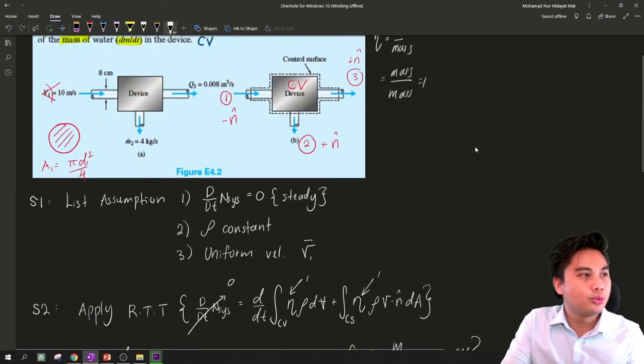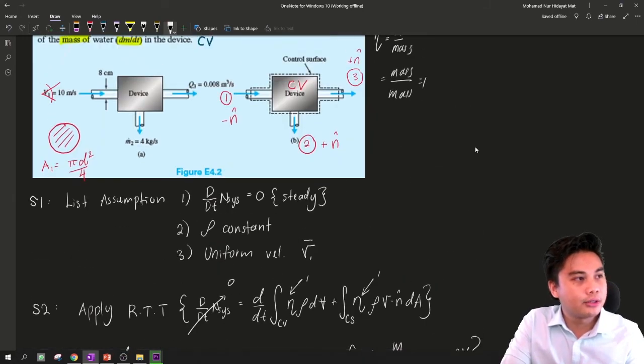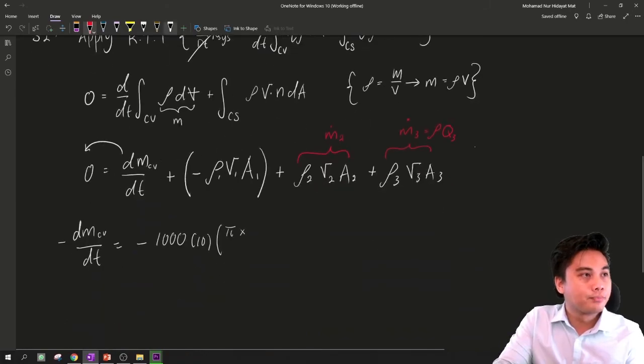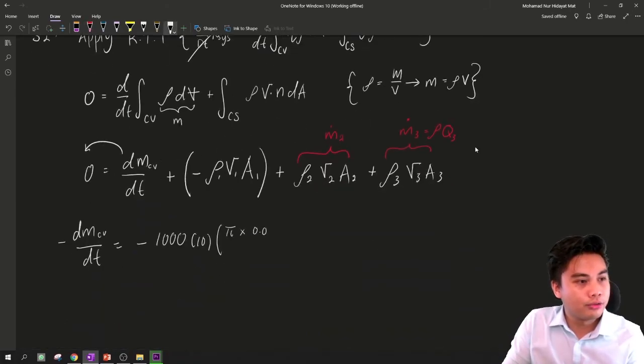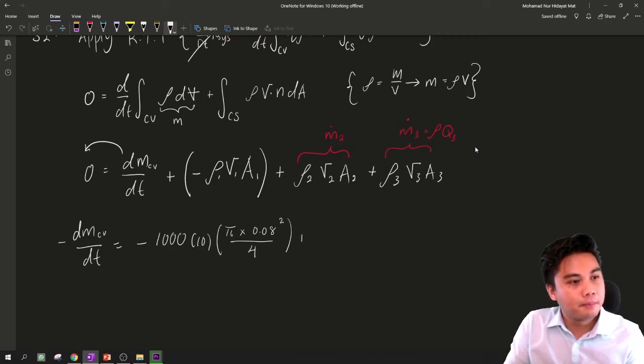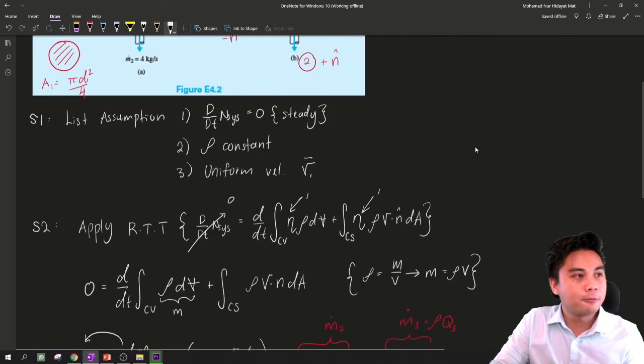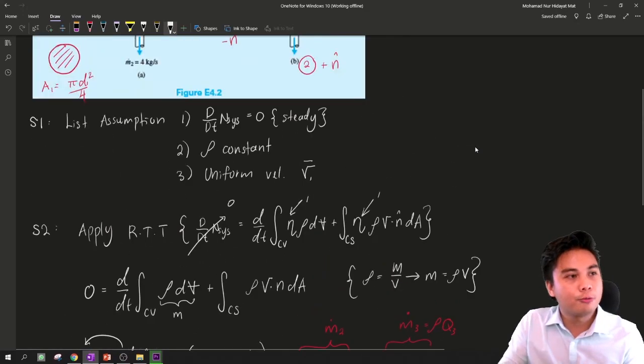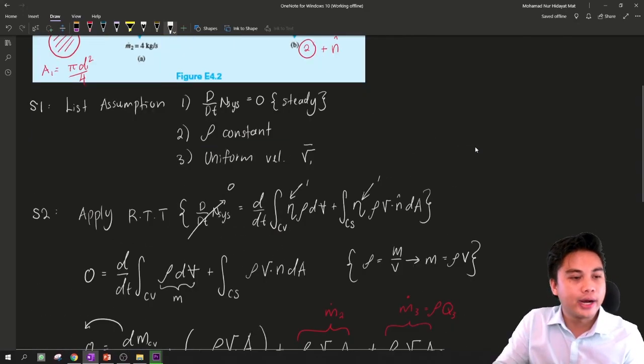We convert to meters, which is 0.08, squared over 4, plus m2 given here as 4 kilograms, plus density 1000 multiplied by the volume flow rate at 3, which is 0.008.